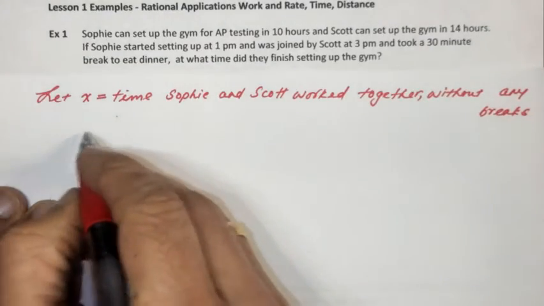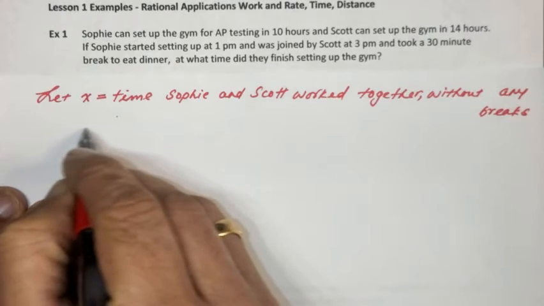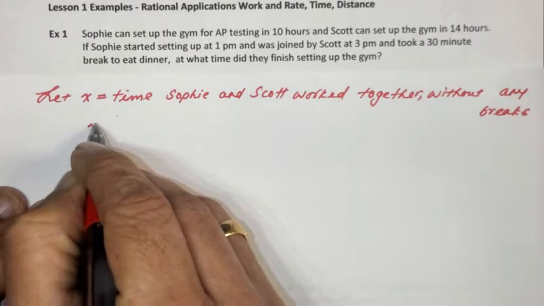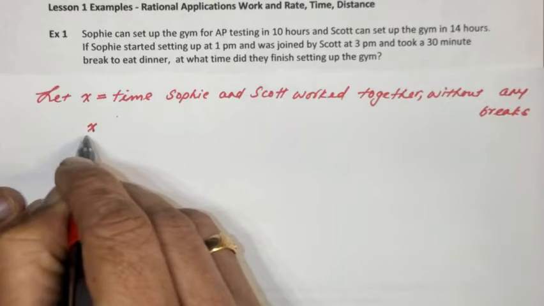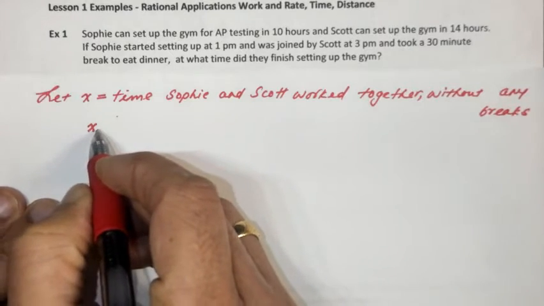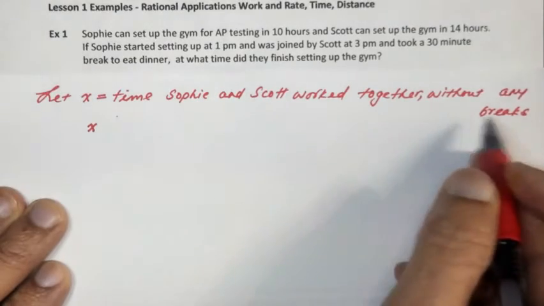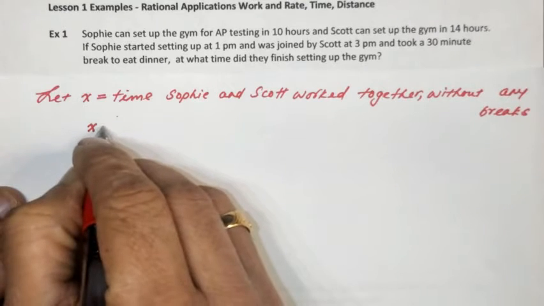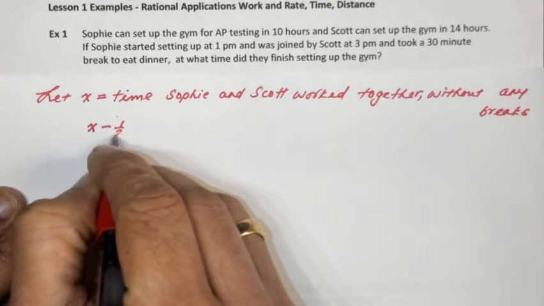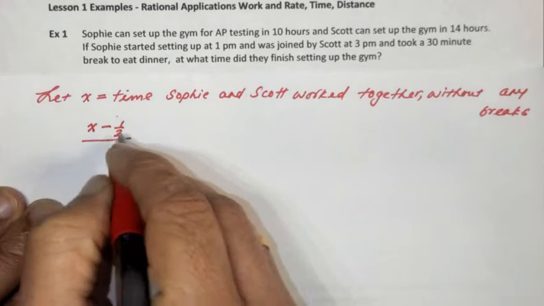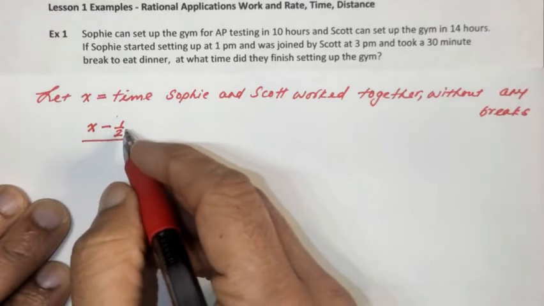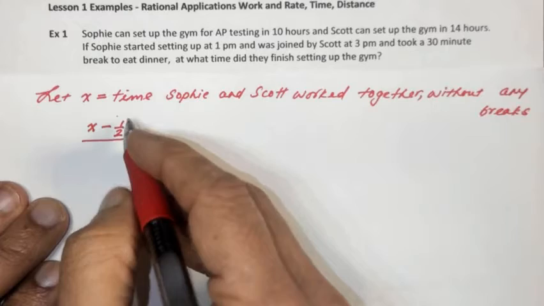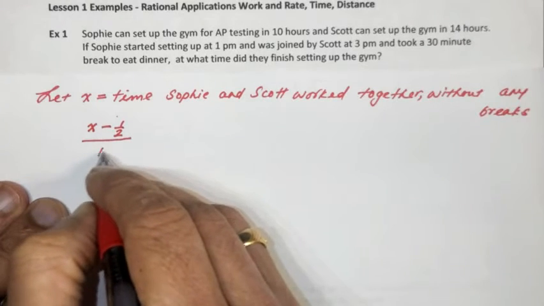So the part of the work done by Sophie can be put as x minus 1/2, since she took a 30-minute break, and if she worked continuously she would finish the work in 10 hours, so divided by 10.